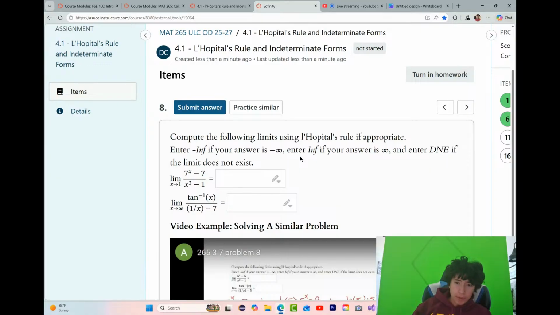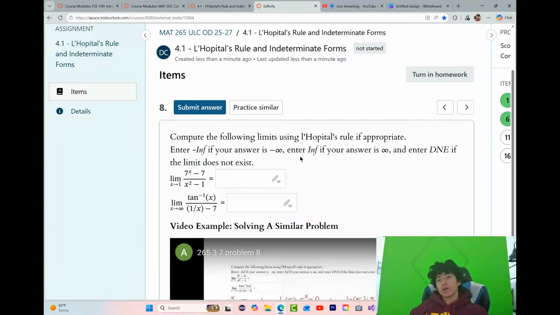So, complete the following. Gotcha. I see. Okay. So we have the limit as x tends to 1 of 7 to the power of x minus 7 over x squared minus 1.